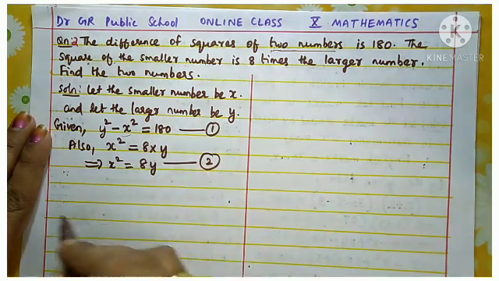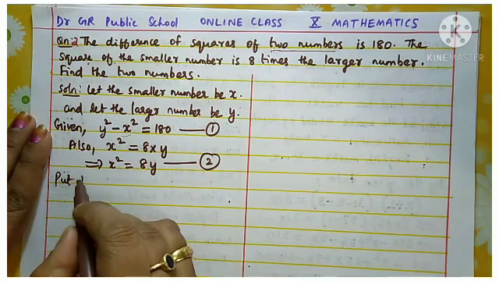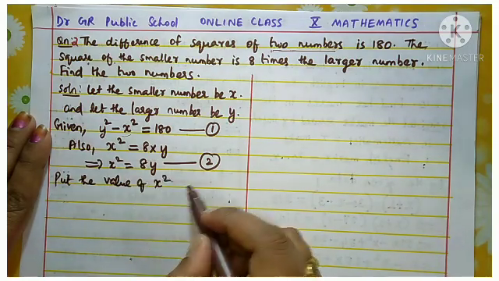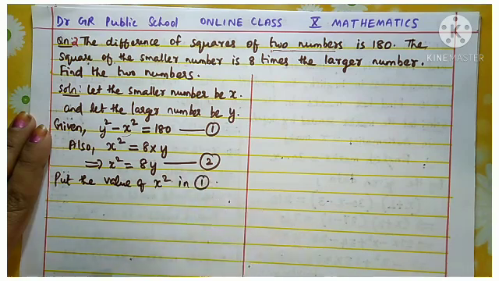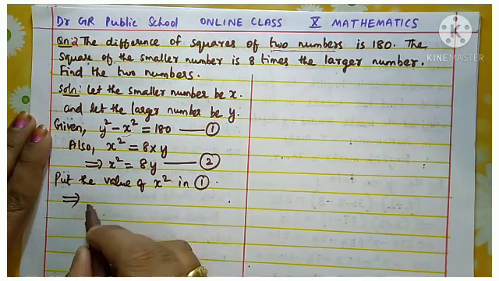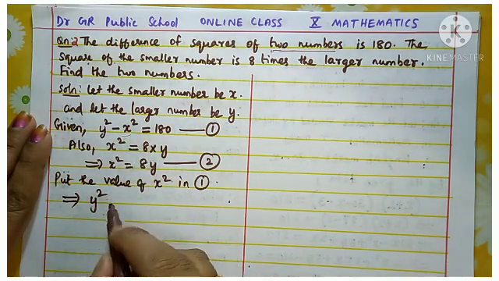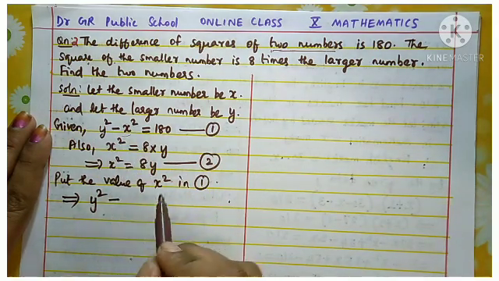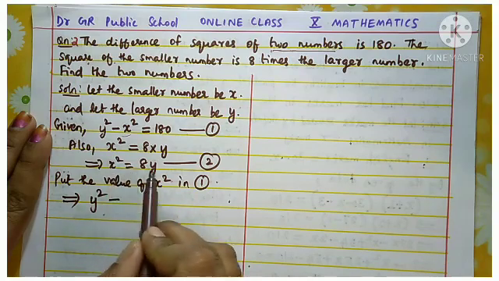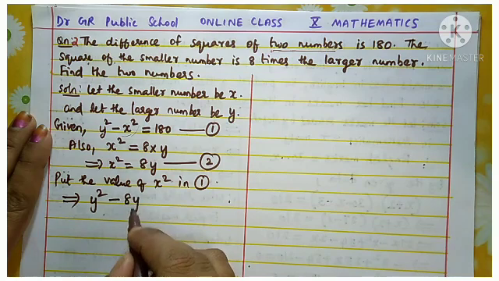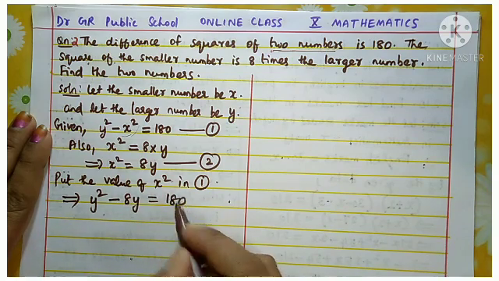Okay, so we are doing that. Put the value of x square in 1. So this implies y square minus, what is the value of x square from here? 8y. So in the place of x square you are putting 8y, equal to 180.